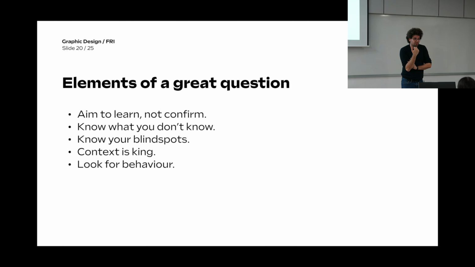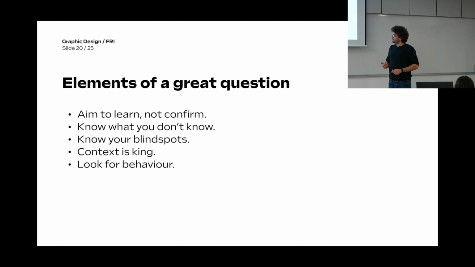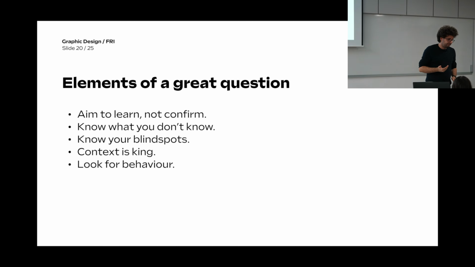Maybe you don't have access to the whole target audience you're trying to address. Maybe you have a specific issue with addressing a specific problem which is so latent that the people you're talking to might not be able to address it in a certain way, as we discussed. Of course, context is king. Why?